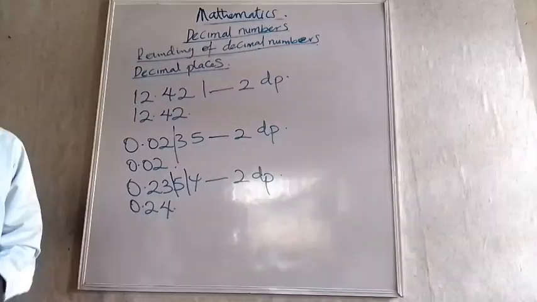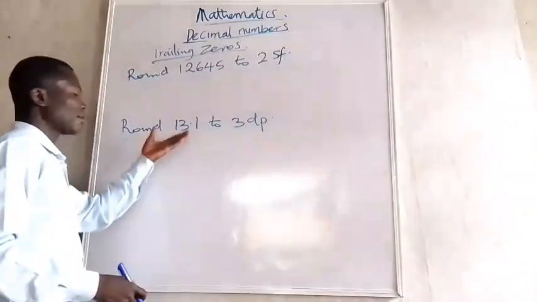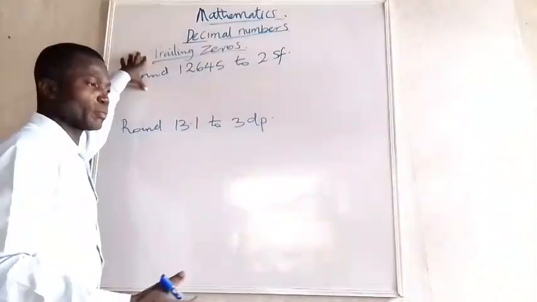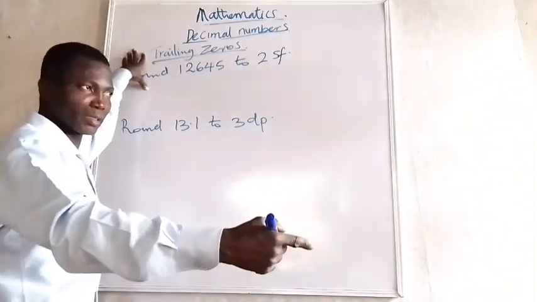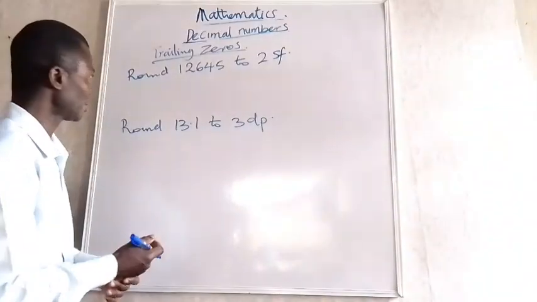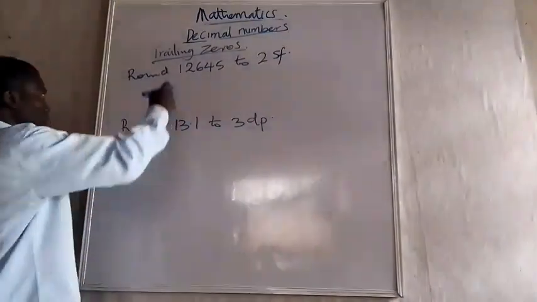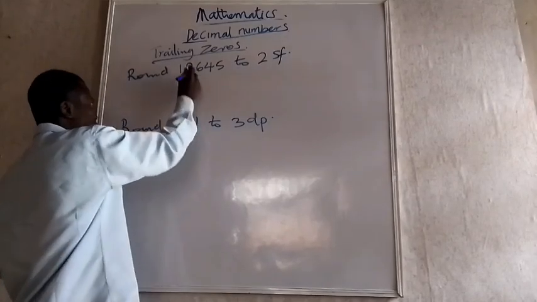Now there are some times where after rounding the figure, you have no choice but to put zeros that will make the figure appear as you want it. Let me explain with this. If you round 12,645 to 2 significant figures, you are going to have 13, because this is the third figure.